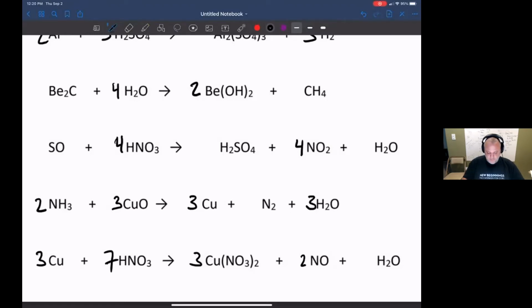Now I've got 21. Oh, but now I've messed up the nitrogens. I added an extra one. So let's go back and make this 8. So now I've got 8 nitrogens. And then I've got 3 times 2 is 6, 7, 8.